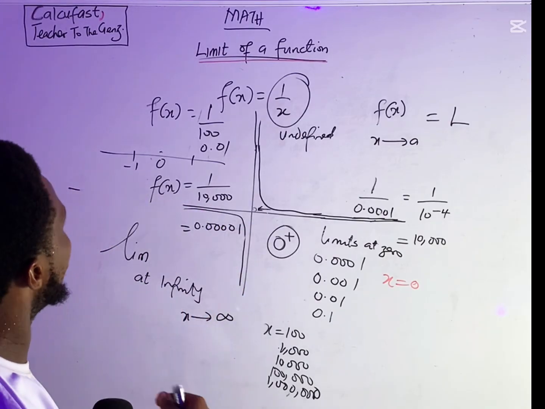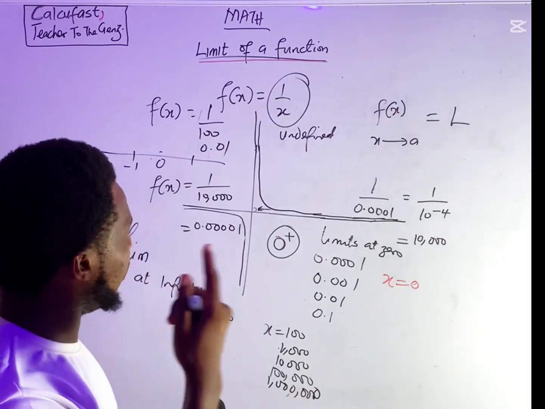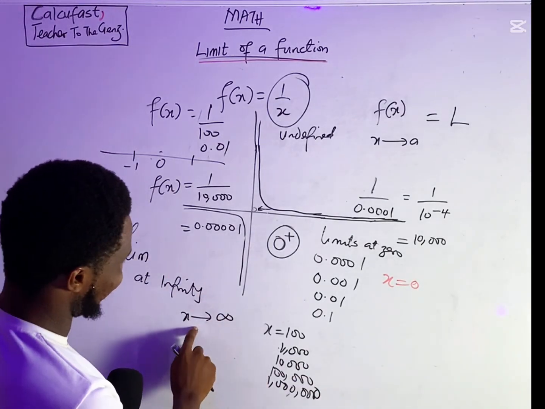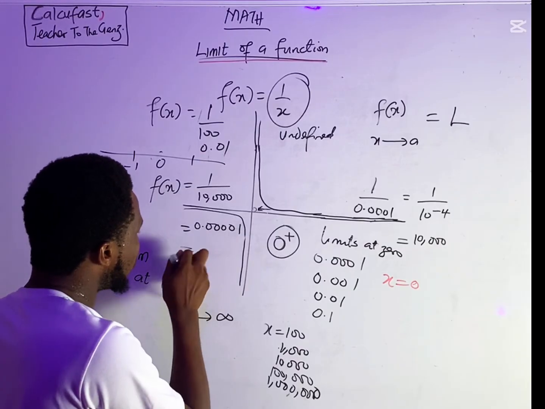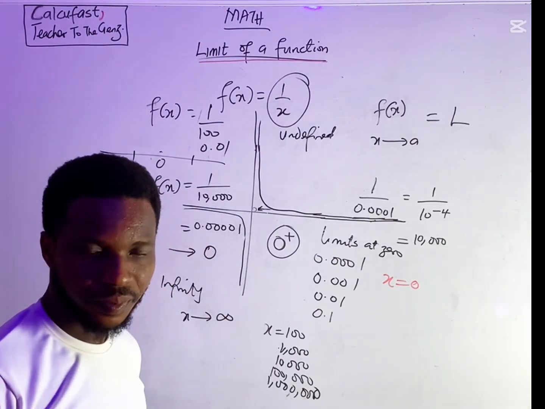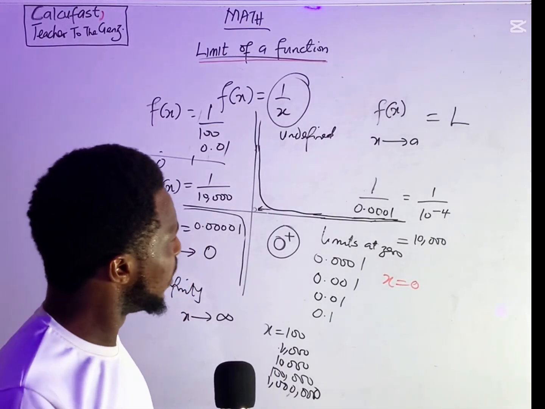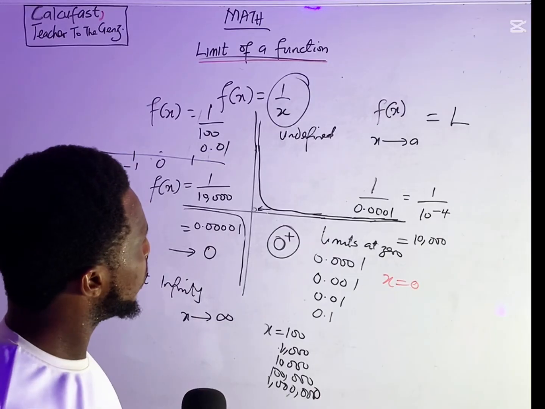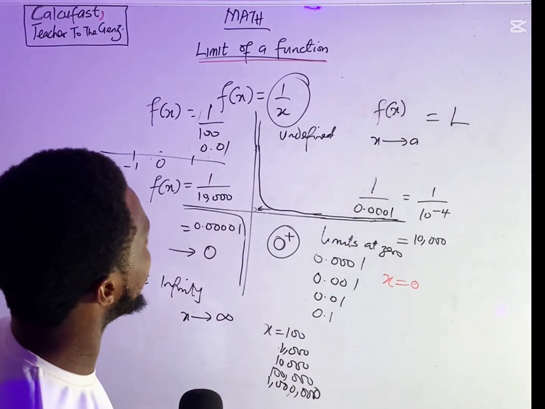Yes, can you see? So as x is becoming big and big and big, as x goes to infinity, the function is approaching 0. So that's the idea of what a limit is.